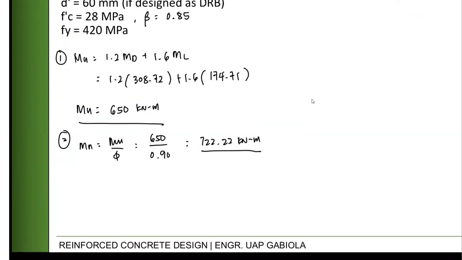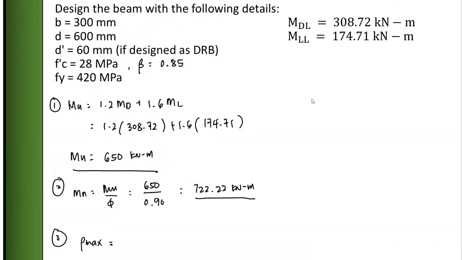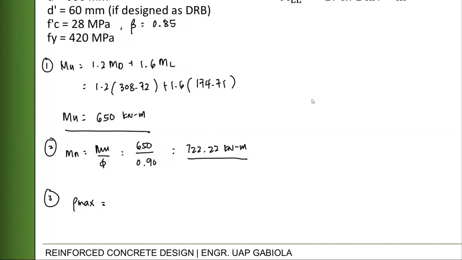Okay. Next, step 3 is to calculate for our rho max. Okay. So, since hindi given kung anong code ang gagamitin, so assume ko na yung ACI yung gagamitin natin. So, 0.85, that is f'c over fy times beta 1 times 3 over 8. Okay.